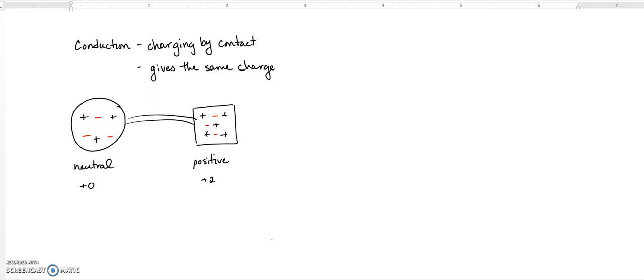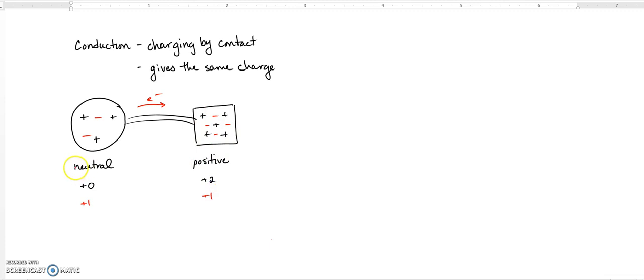So if I look at what's going to happen, the electrons are going to rearrange to get this. What that means is I'm going to take one electron and it's going to move from here over to here. So that guy's going to go away and he's going to appear over here. Boop. So now if I do a new head count, I have a total charge of +1, and over here, I have a total charge of +1.